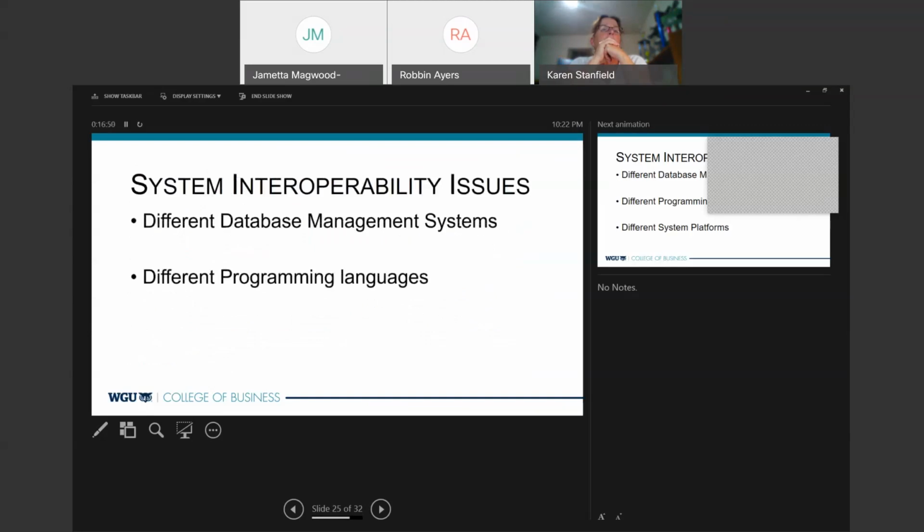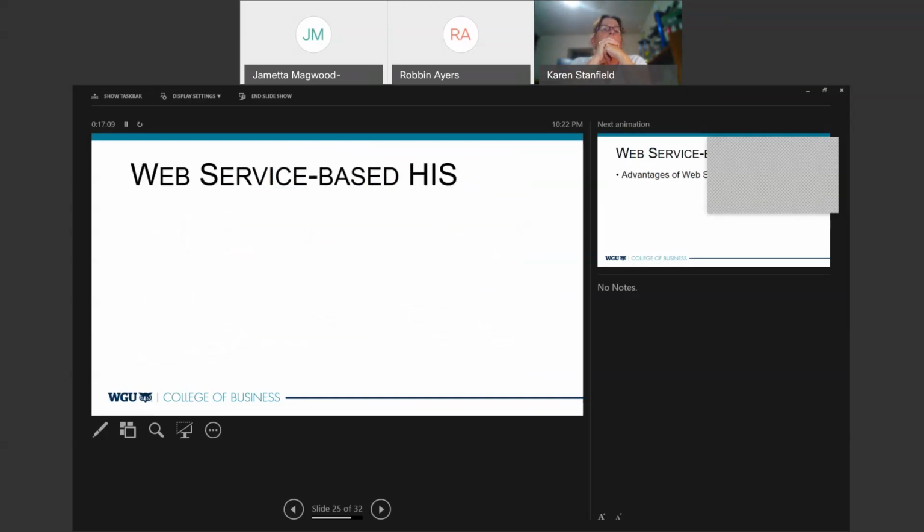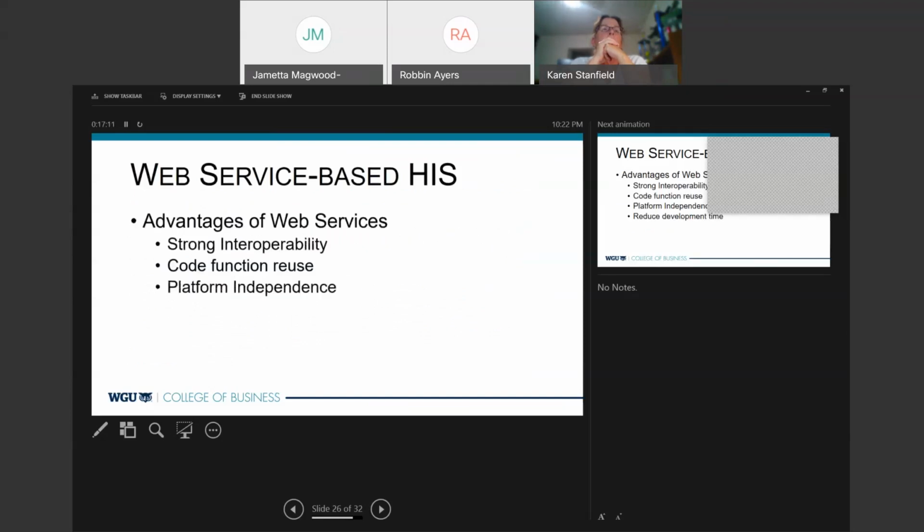So some of the interoperability issues encountered were different database management systems and different programming languages. HL7 helped address that. And that's not the only programming language, but it's one of the most prominent. And then you have different system platforms. So one answer to the different system platforms was organizations adopting web-based health information systems.